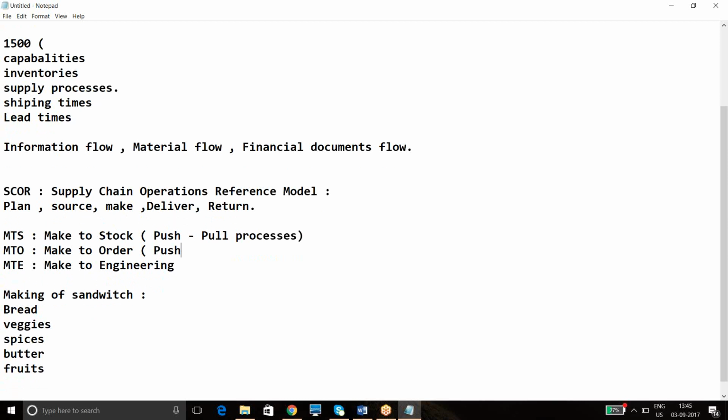And in make to engineering, of course, he has much more than in make to order. So in make to order, push and pull processes are about 50-50. But in make to engineering, the push is quite less because you don't know that he's asking for tutti frutti or some other fruits to be added. You are trying to derive the whole product. So push is quite less and pull is quite high.